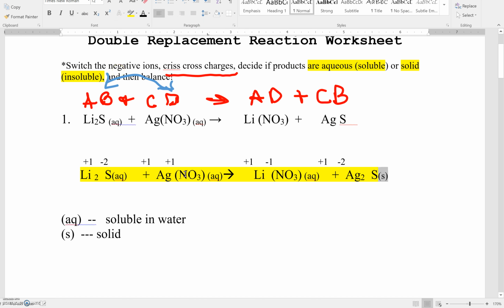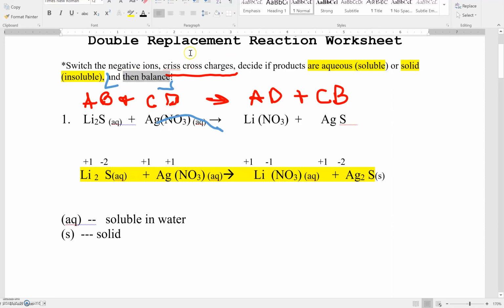It's a solid. So when I mix this liquid and this liquid together, I'm going to get a precipitate. It's called a precipitate, or basically a solid forms in my liquid. So that's the next step that you need to do on your worksheet. Tell whether it's soluble or insoluble.